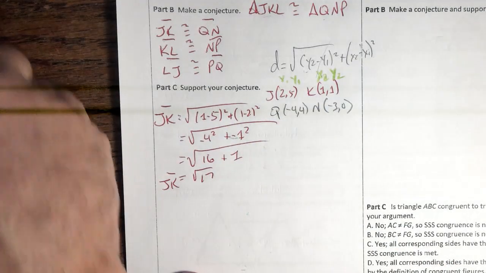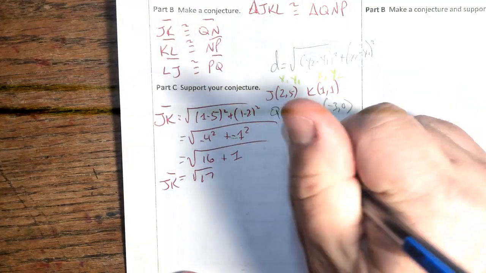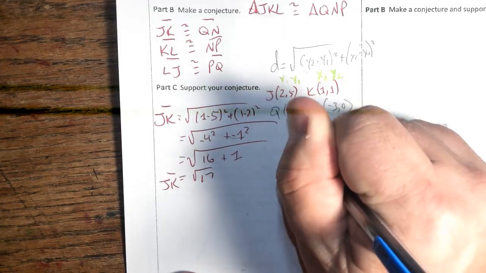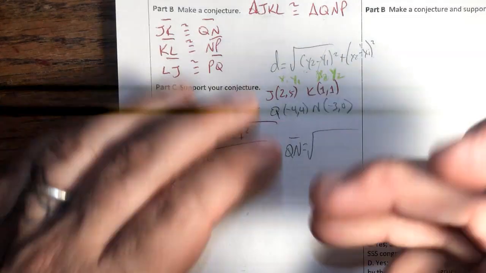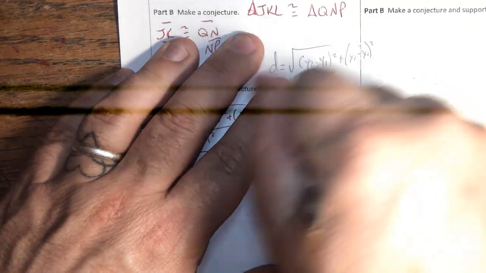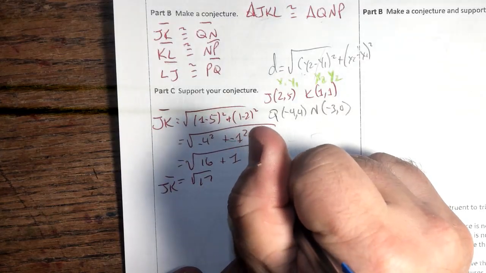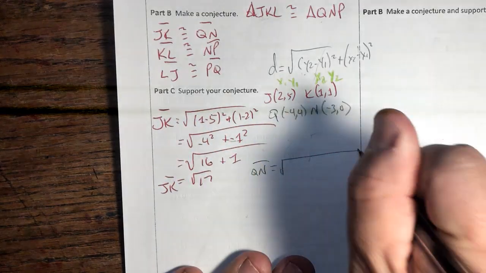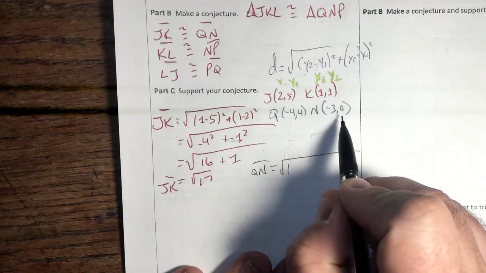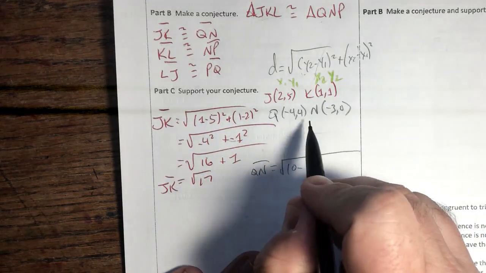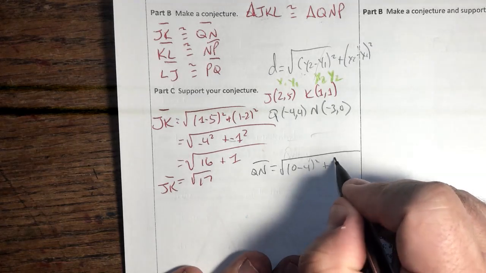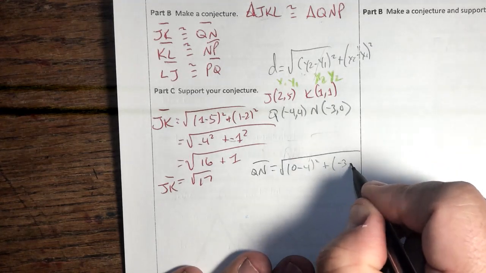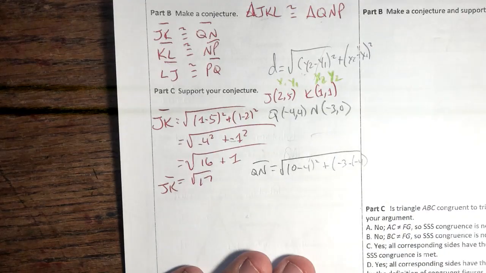So now, go over here and do QN. We're going to be tight on space here. That's all right. So, put it down here. QN: y sub 2, 0 minus 4 squared, plus negative 3 minus negative 4 squared.